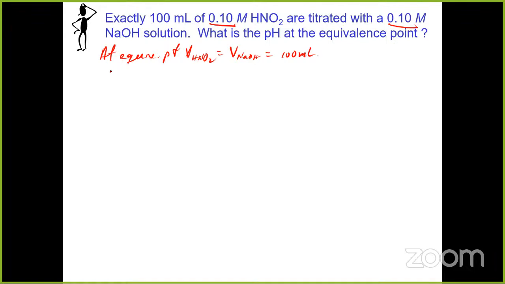So that means that the total volume at the equivalence point would be equal to 100 mL plus 100 mL, which would be equal to 200 mL, okay?